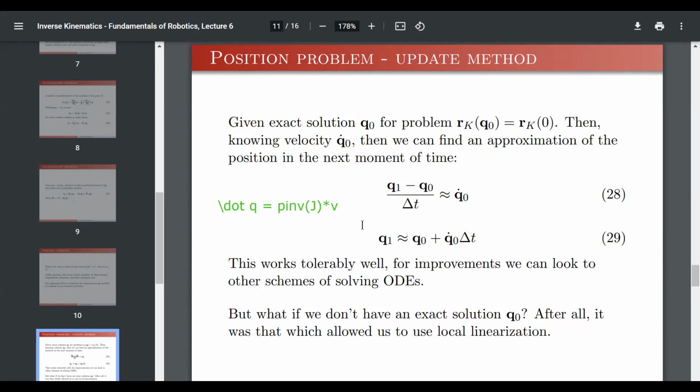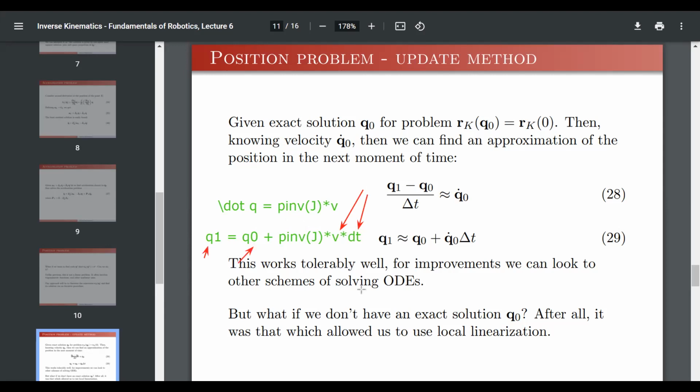So if that is how we found it, then q1 would be equal to q0 plus pinv of J, right, times v times delta t. So if you want to somehow connect this to your Cartesian velocities, here you get the connection. You get Cartesian velocities here and delta t here.